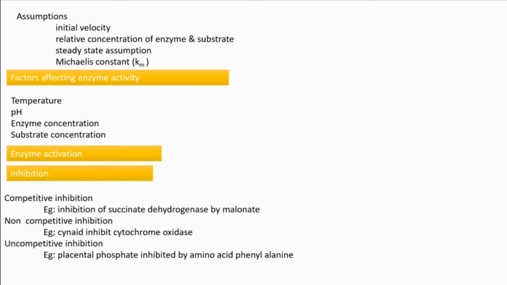Coming back to competitive inhibition: the inhibitor decreases the affinity of the enzyme towards the substrate and binds with the enzyme. How can we overcome this situation? Only by increasing the concentration of substrate.